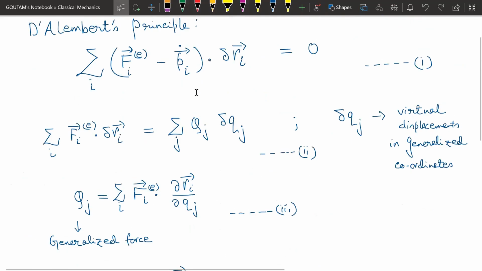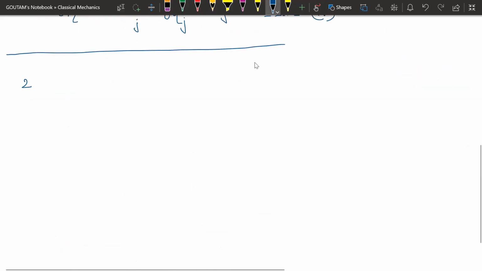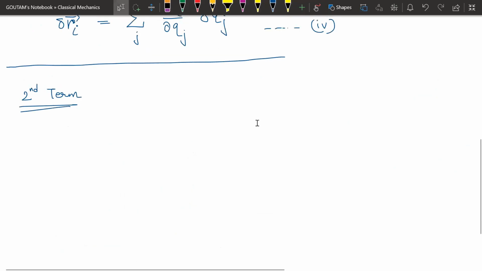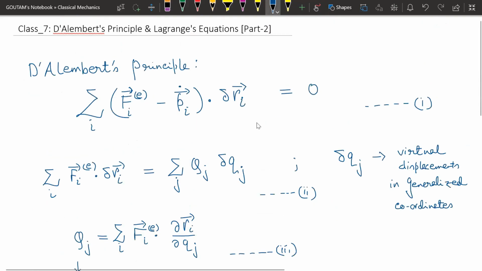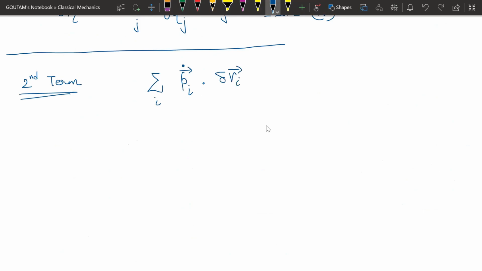Now let's look at the second term. Equation 2 was the first term of this D'Alembert's principle. The second term is the sum over i of Pi dot dot delta Ri.